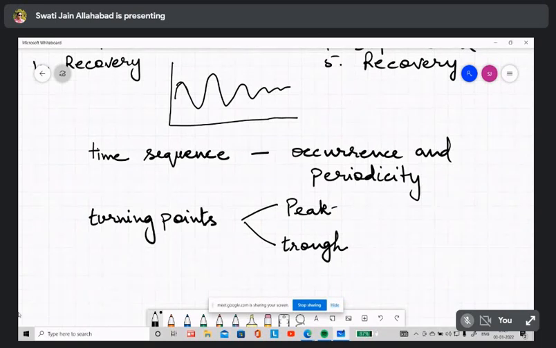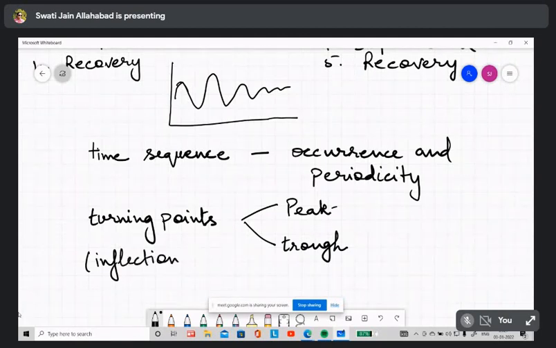Trough is the lowest point, the maximum downward limit of the business cycle. And every time there is a turn in the business cycle. These are also known as inflection points.